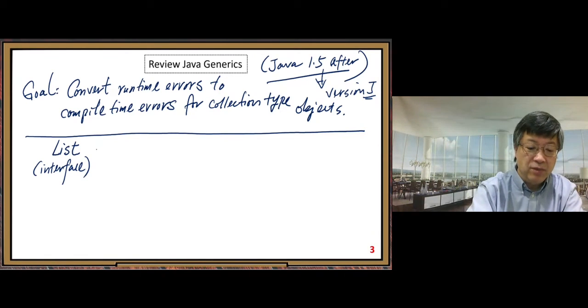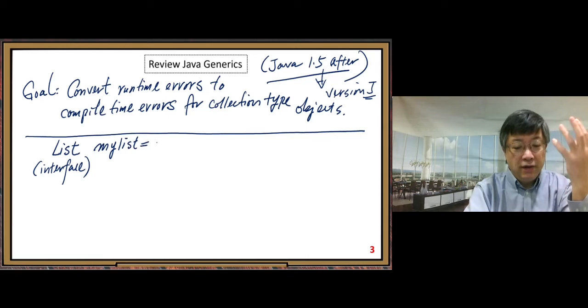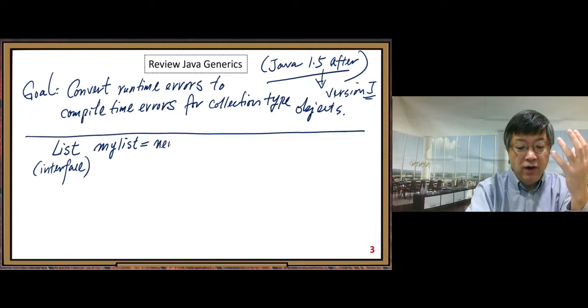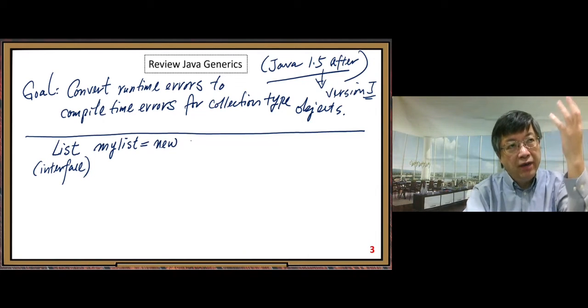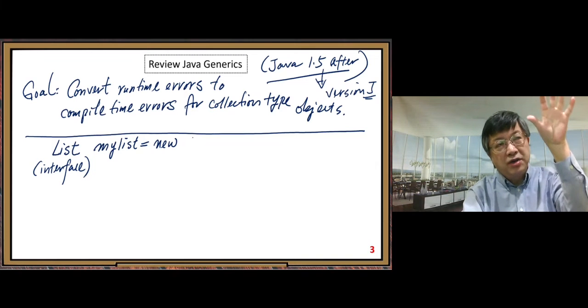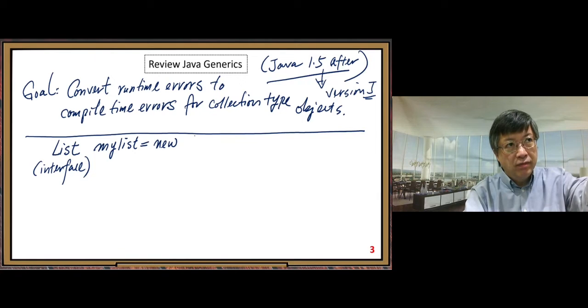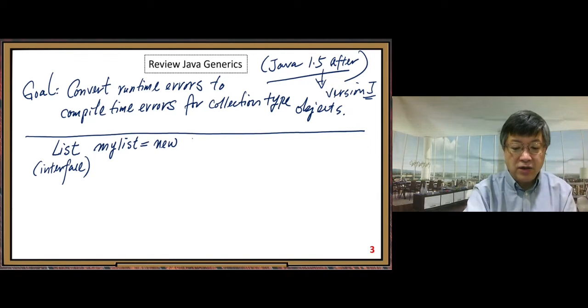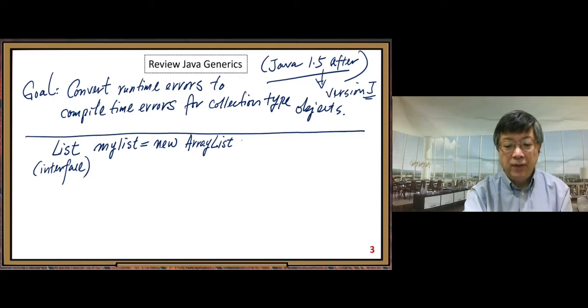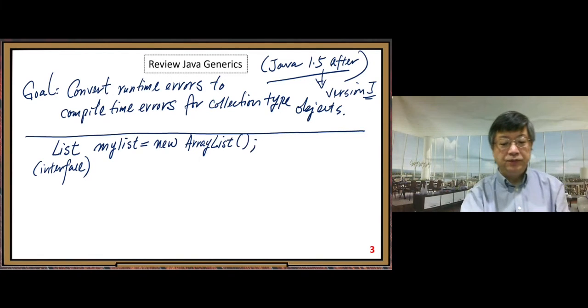For example, myList equals a constructor. There is no List constructor, so we have to use some other concrete class that implements this interface, as that class has the constructor. There is one called ArrayList.